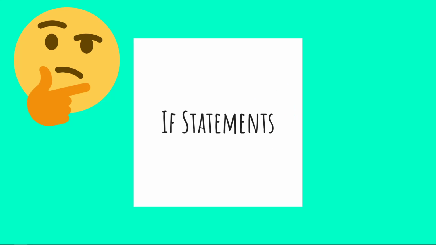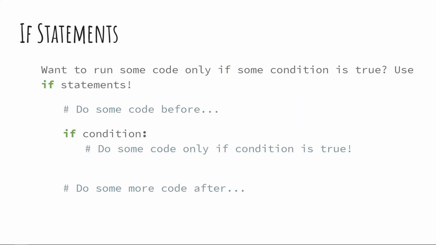So with our newfound knowledge of Booleans and relational operators, we can now talk about if statements. So if statements are very useful if you want to run some code only in certain circumstances. You can see the very basic outline of what an if statement will look like on the slide here. You'll have some code before the if statement, then you'll have if condition, where condition is whatever it is that you want to be checking.